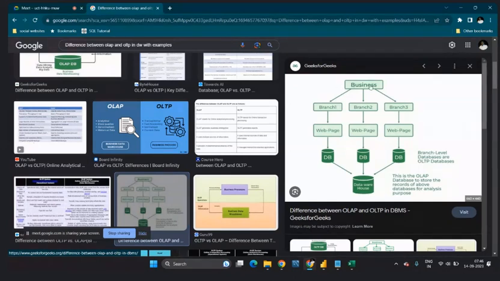Each and every day we have business. In this business, whatever the branches may be, each and every branch has its sales entry systems. After the sales are entered into the system, the transactions load into the database. All those databases come under the data warehouse. You got it, right?